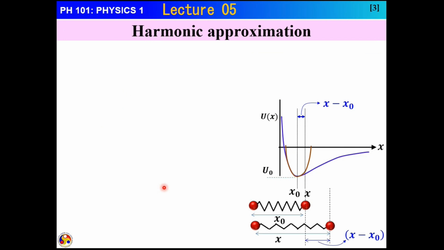So let's go ahead with this harmonic potential and how we do the approximation. Here again, this blue curve is the harmonic potential and x naught is the equilibrium position. The equilibrium position means the minimum, where the potential slope is 0.